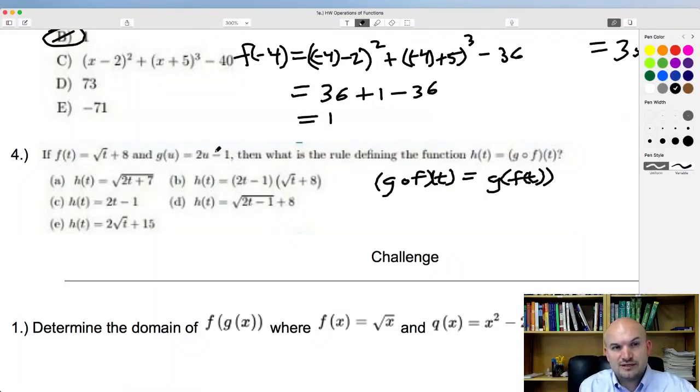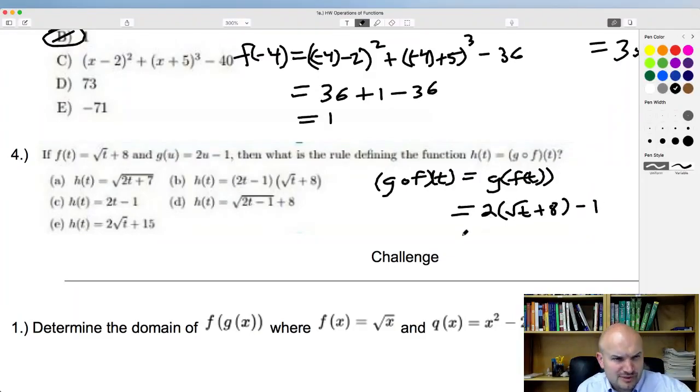So g of u here is equal to 2u minus 1. And if I'm going to replace u with my f of t, then basically I'm going to plug f into g. So that's going to be 2 times the square root of t plus 8, and then minus 1.